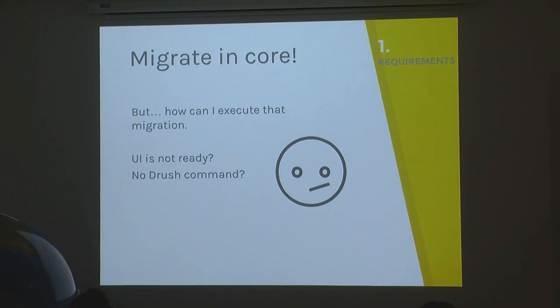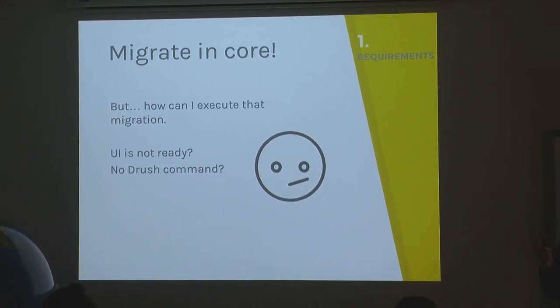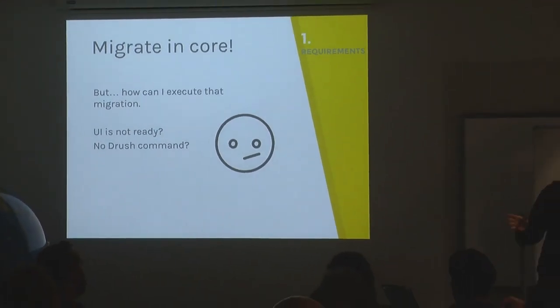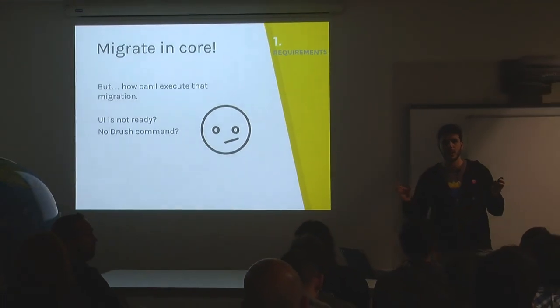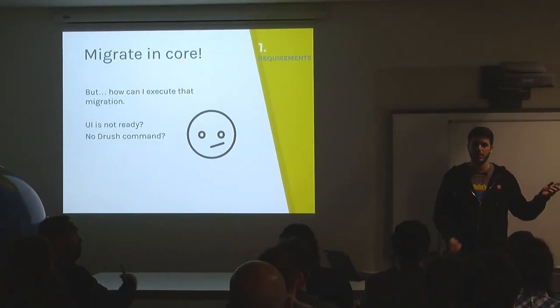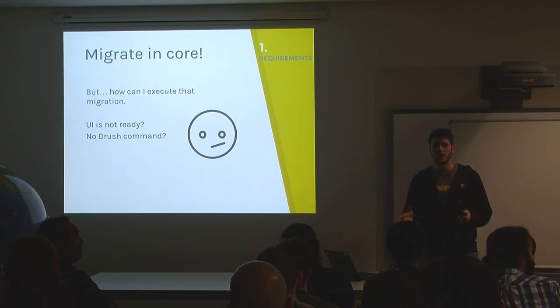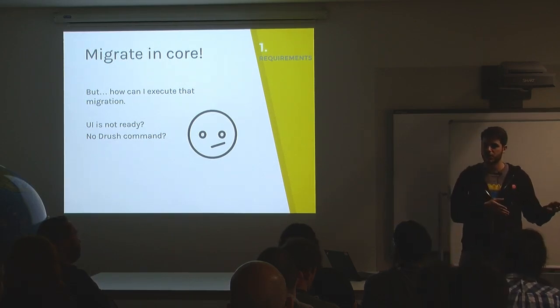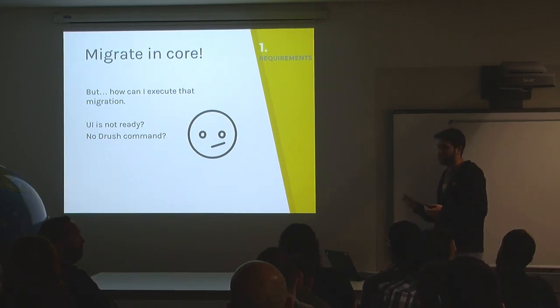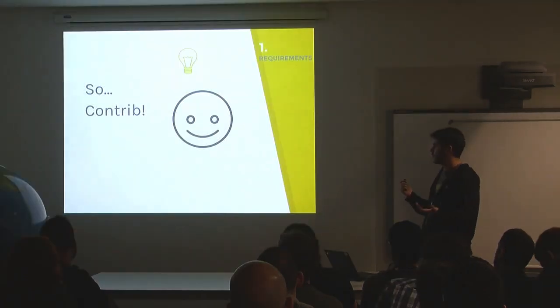Migrate is in core, but how can I execute that migration? The first time you see Migrate, you cannot do any kind of migration as in Drupal 7. You haven't got any form, you haven't got any drush command, okay? How can we do any migration? Go to contrib.